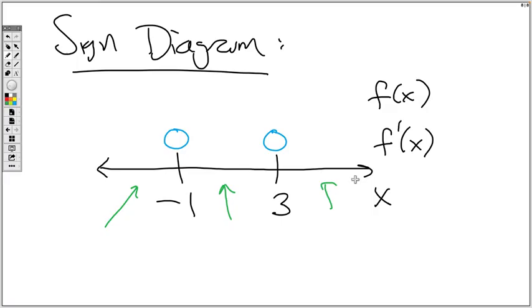And it'll be the same regardless of what I pick bigger than 3, because of the intermediate value theorem. So it doesn't matter what number you pick. Give me your favorite number less than negative 1. Negative 2. What's your favorite number between negative 1 and 3? And favorite number bigger than 3? Right. It doesn't matter which number you pick. What we do is we plug that into the derivative.